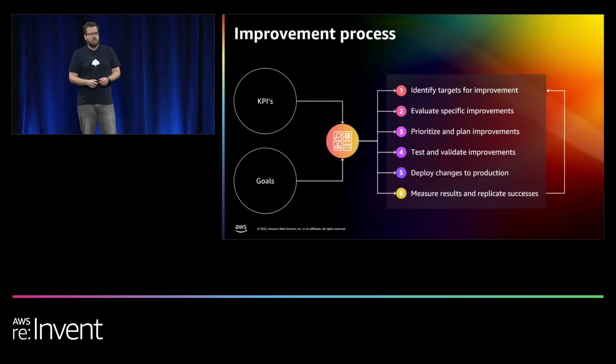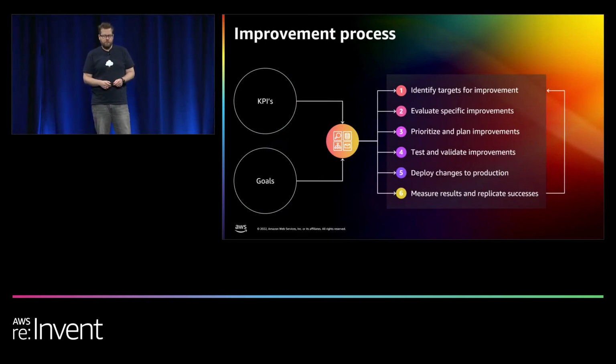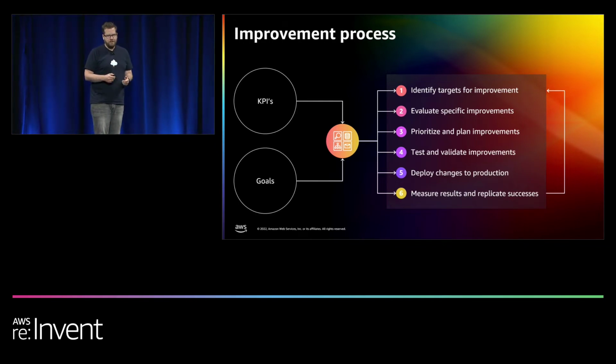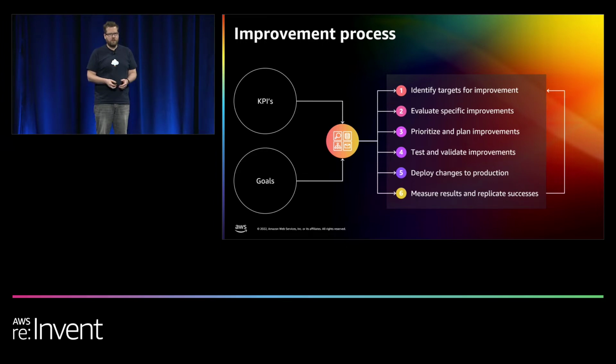Having your KPIs, you can define goals and run a typical plan, build, measure, repeat process. This improvement process here, which I'm showing, is taken from the AWS Well-Architected Framework sustainability pillar. And this is an iterative process. It starts by first looking at your whole landscape, then identifying and prioritizing workloads by usage type or the impact a small change would have.